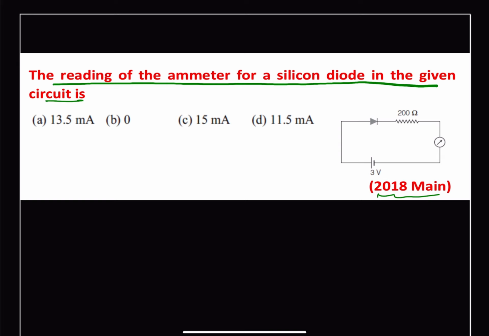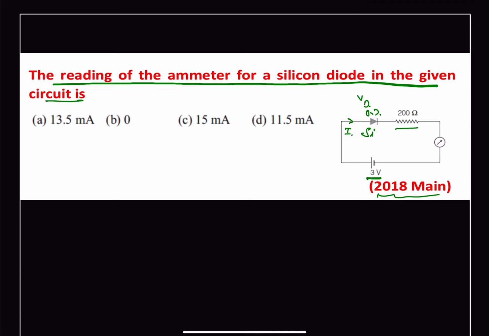We have a 3 volt source and a diode which is silicon, and we have to remember that its drop is 0.7, and this is about 200 ohm, and we have to find out the value of current, that is I. Let us suppose this 0.7 is our V diode. So the voltage drop across the silicon diode is 0.7. So we have to find out the current.